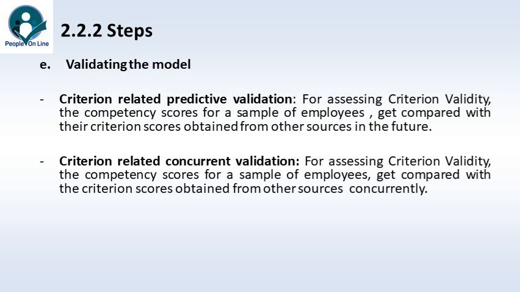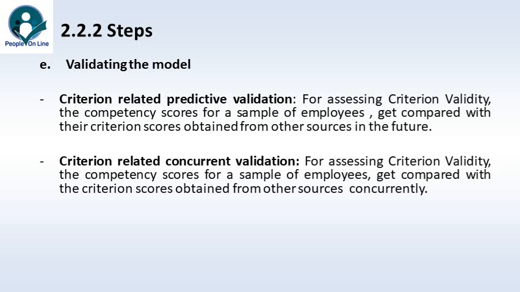E. Validating the model. Well, there are two approaches to validation. One is criterion related predictive validation. For assessing criterion validity, the competency scores for a sample of employees get compared with their criterion scores obtained from other sources in the future.